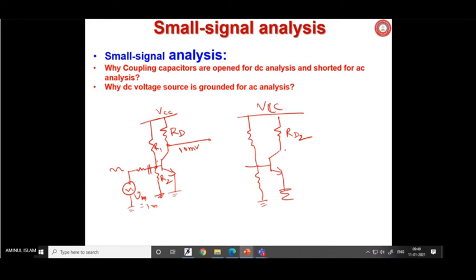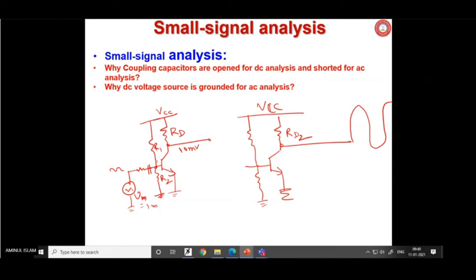Another stage to further amplify, so that you get a very large output voltage.